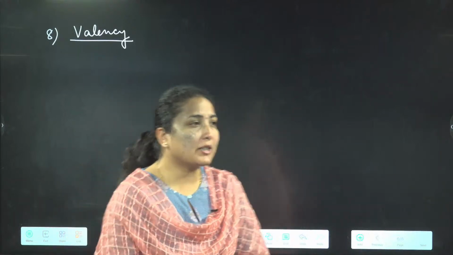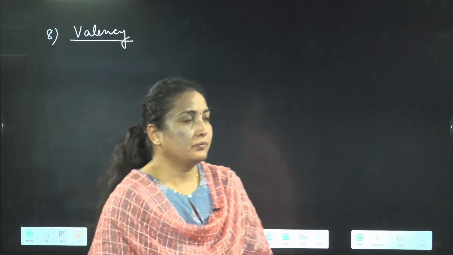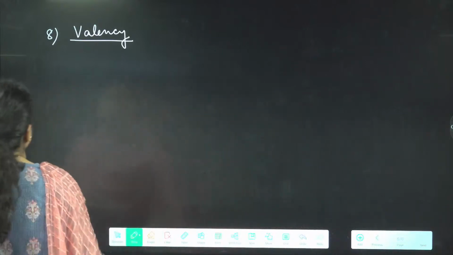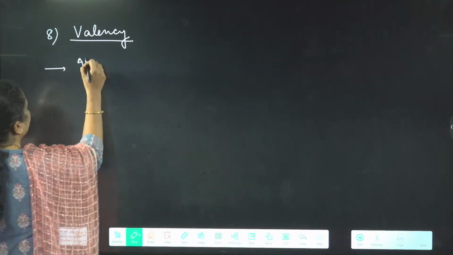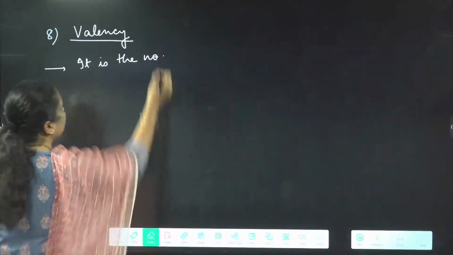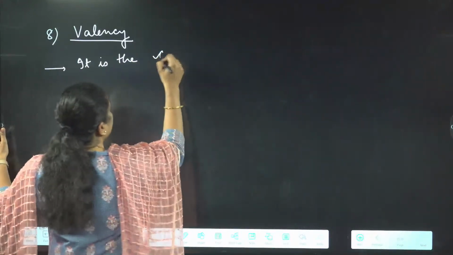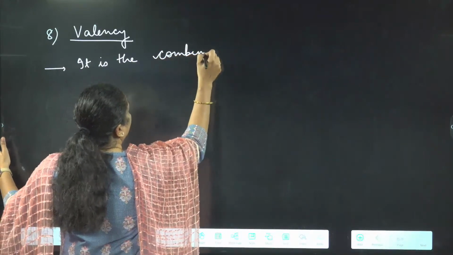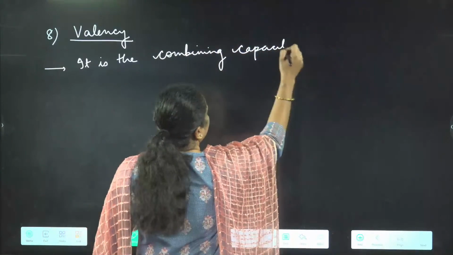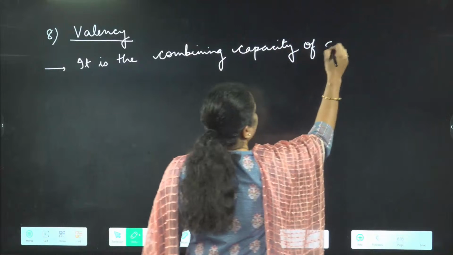It is how many valence electrons they are able to lose or gain to form a particular molecule or compound. So here I am writing: it is the combining capacity of an element.